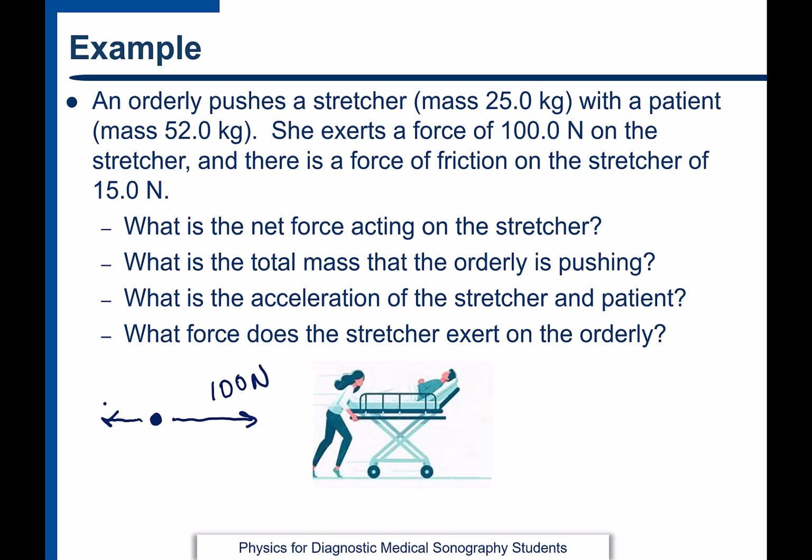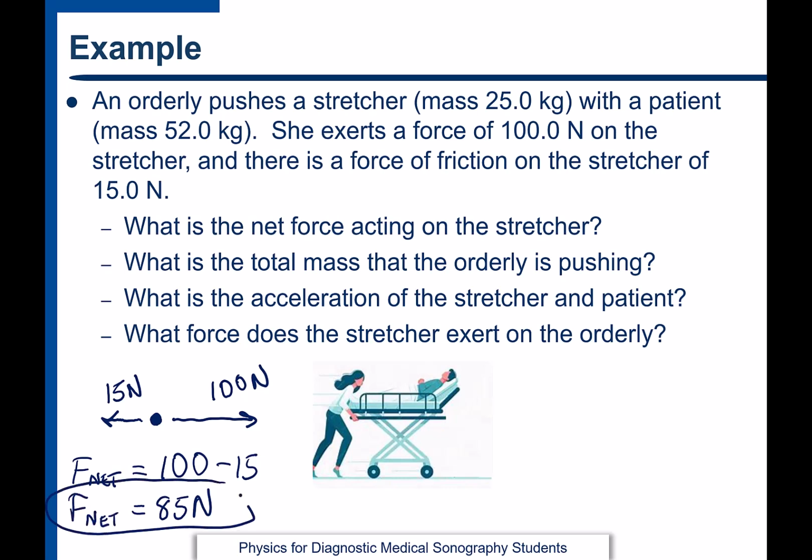So we've got a force of friction of 15 newtons to the left. And so you'll notice that the net force is simply going to be 100 minus 15, or 85 newtons. So that's the answer to our first question.